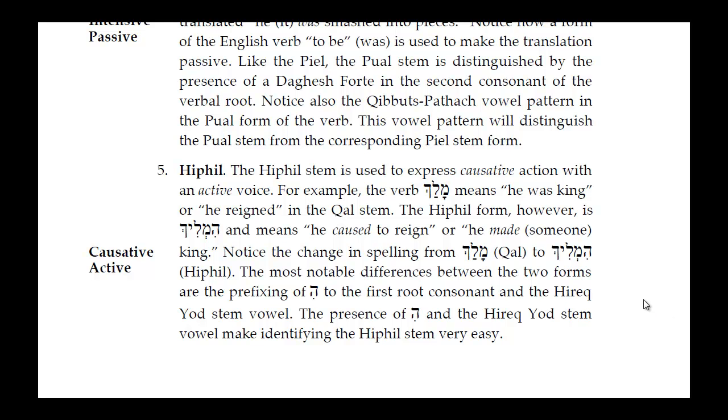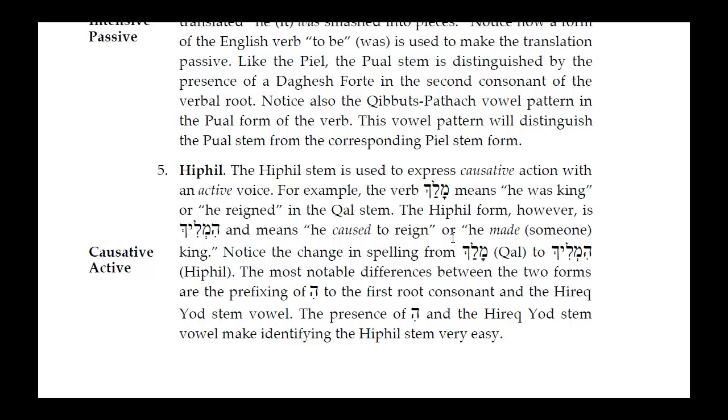Number 5, the Hifil stem is used to express causative action with an active voice. For example, the verb malak means he was king or he reigned in the Qal stem. The Hifil form, however, is himlik, and it means he caused to reign or he made someone king.